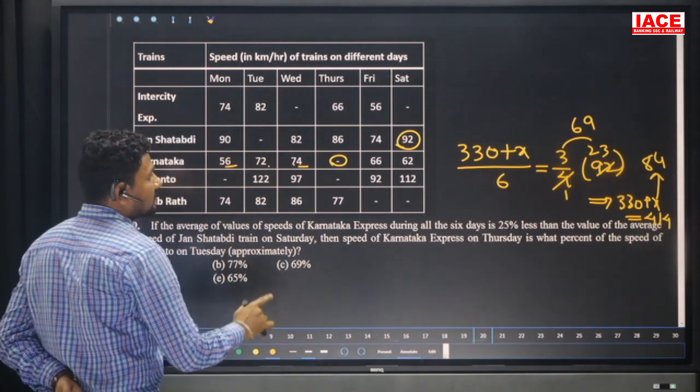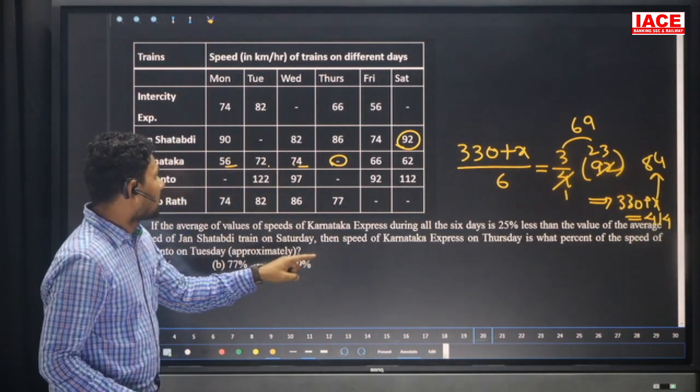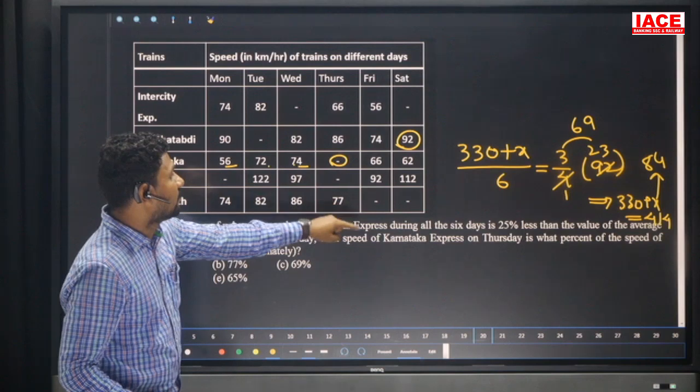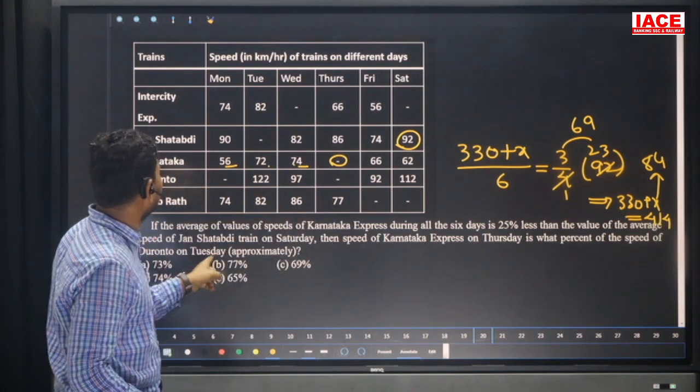And 84 is the Karnataka speed on Thursday. 84 is what percentage of the speed of the Duronto on Tuesday?